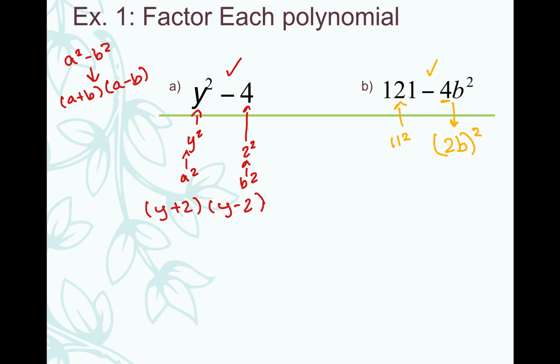Well, that 11 is going to be our a. 2b is going to be our b. So my final answer in factored form is going to be 11 plus 2b times 11 minus 2b.